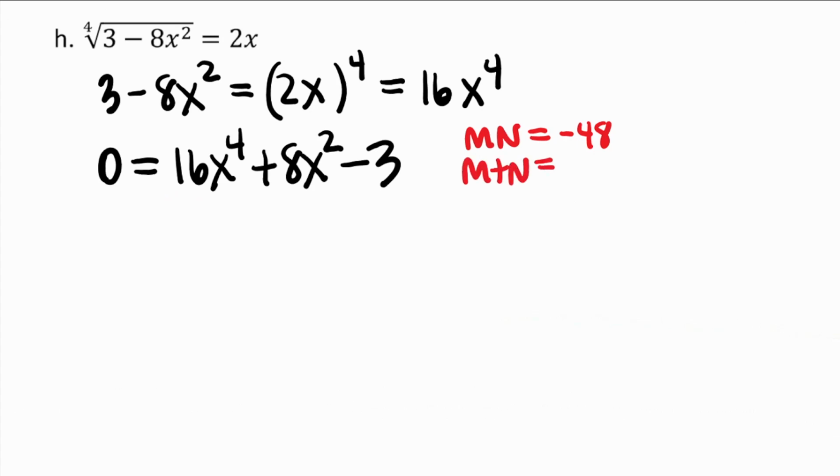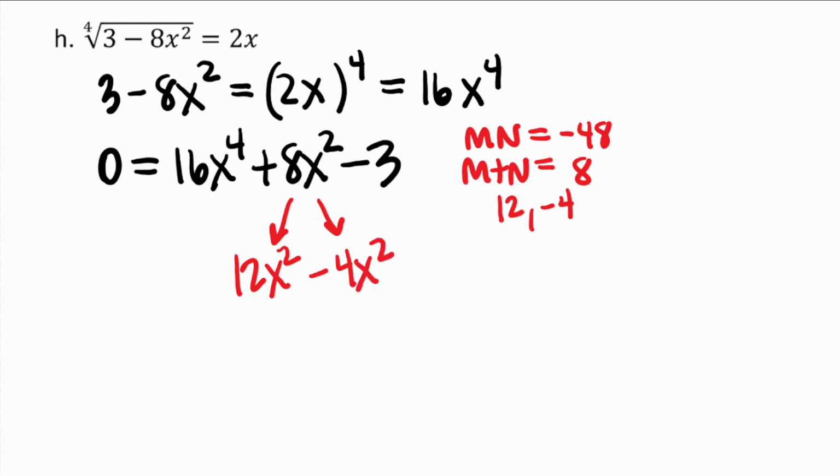Yes, it's going to be 12 and negative 4. So I'm going to take that 8x squared and split it up into 12x squared and negative 4x squared, and then I'm going to be able to do group and factor on this. It'll just be a little bit challenging.